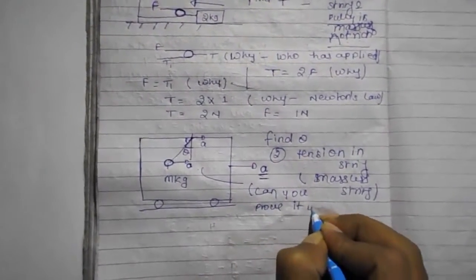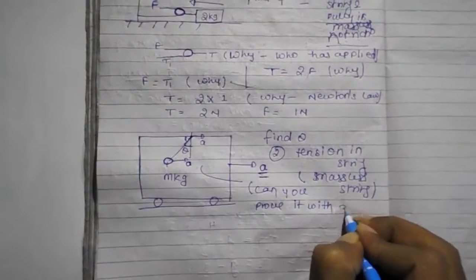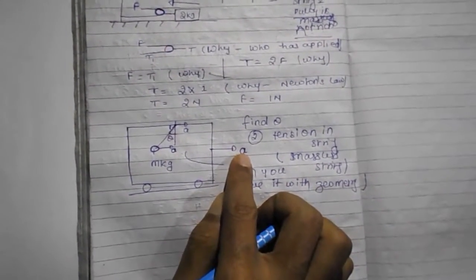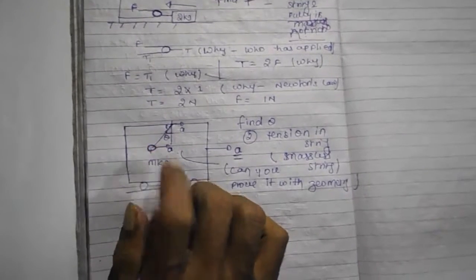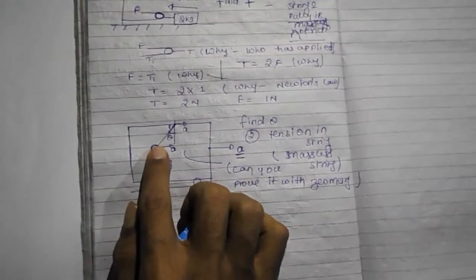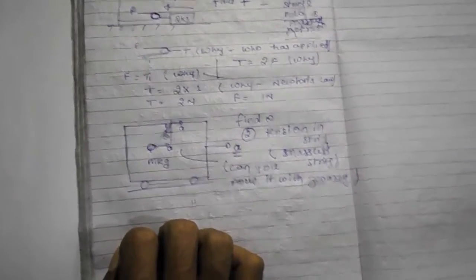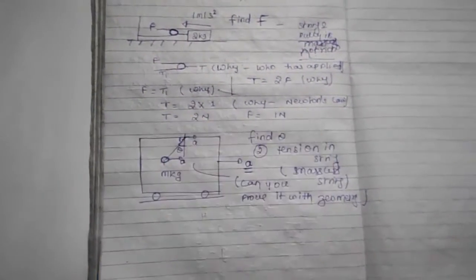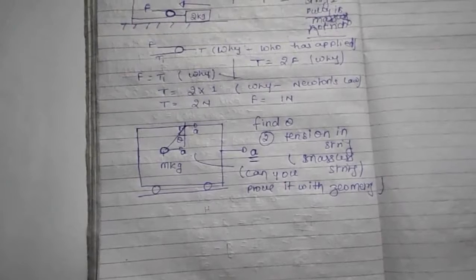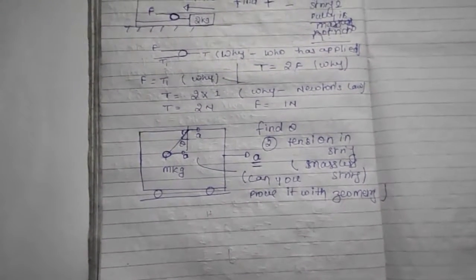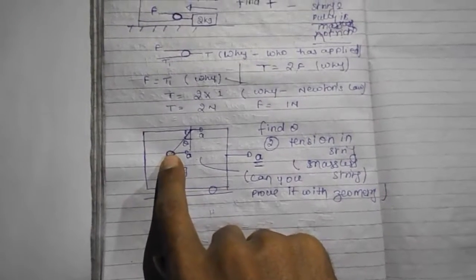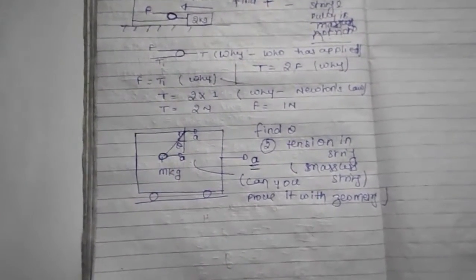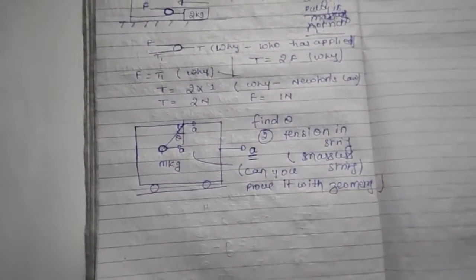If the bob is in this stationary position, you have to prove that if the acceleration of the car is a, then this would be a. You have to prove it with the help of geometry.